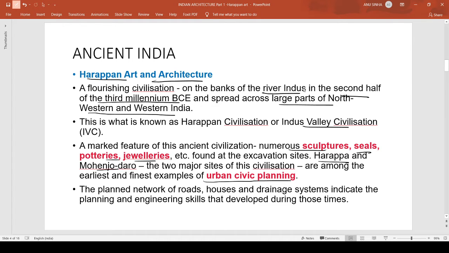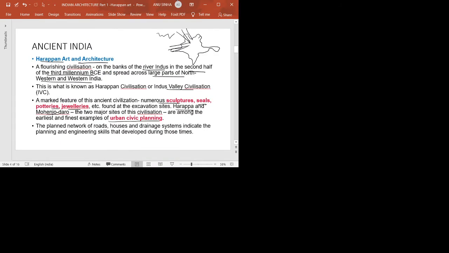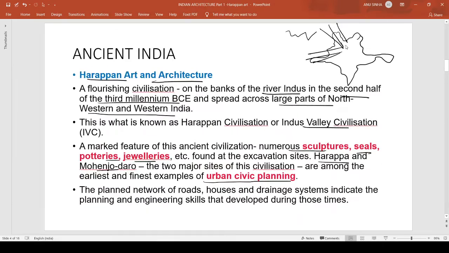So यहाँ पे बताया जा रहा है जो हड़प्पन सिविलाइजेशन है, अगर हम लेट्स ड्रॉ द मैप ऑफ इंडिया, आई एम ड्राइंग अ वेरी रफ मैप जस्ट फॉर द अंडरस्टैंडिंग पर्पस। सो अगर हम ये मैप लेते हैं तो इंडस सिविलाइजेशन तो था वो वेस्टर्न पार्ट में इंडिया के और नॉर्थ वेस्टर्न, you can say in this area the Harappan civilization was situated.